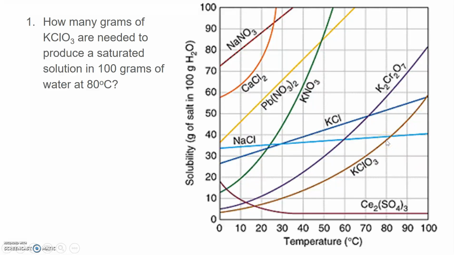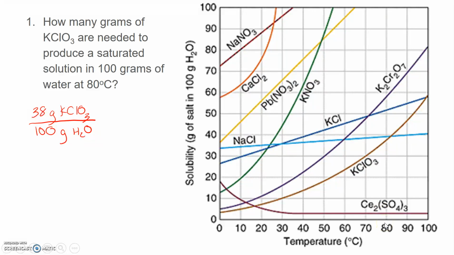All right? So we can say about 38 grams of KClO3 will dissolve per 100 grams of H2O at 80 degrees Celsius. And again, we got that just by taking our x-axis as temperature.